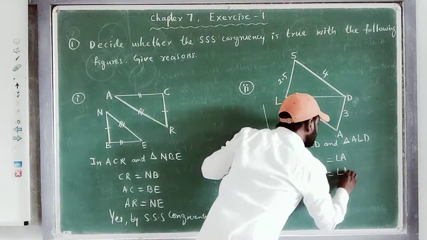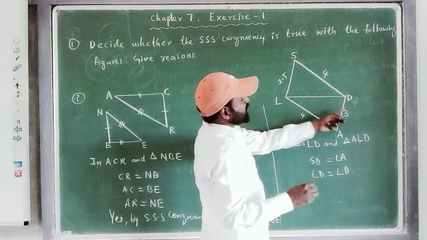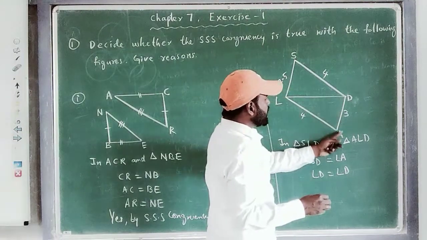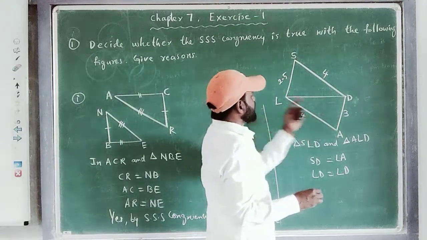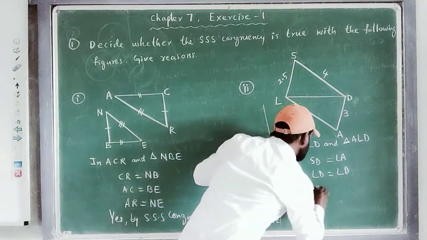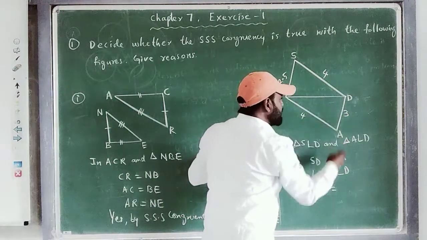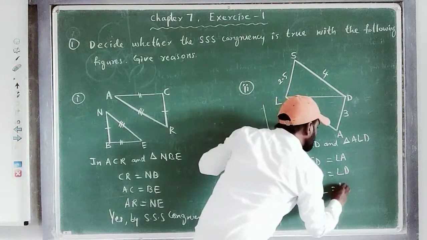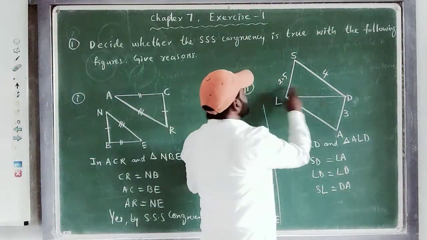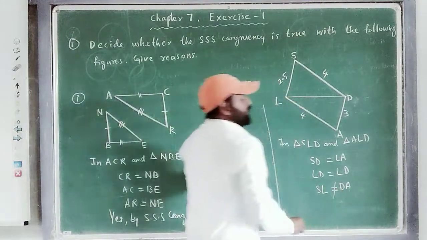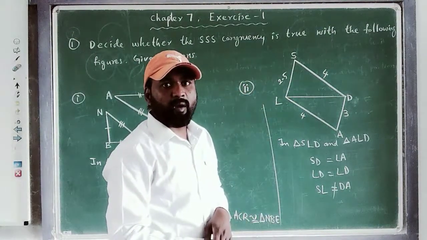But the remaining third side, here SL is 2.5, but DA, sorry, LA is 3. Both are not equal. Here it is 3, here it is 2.5. They are not equal. So since they are not equal, these two triangles are not congruent.